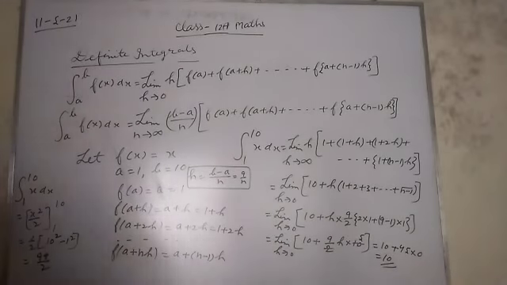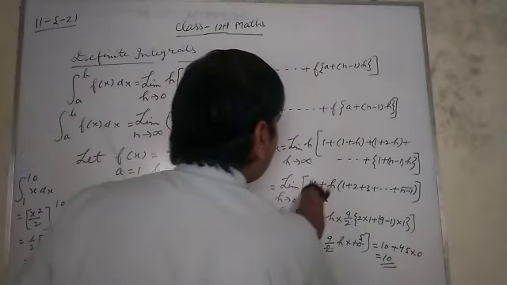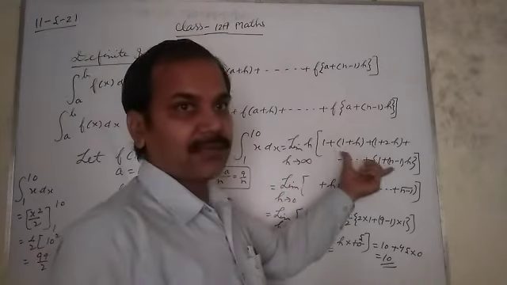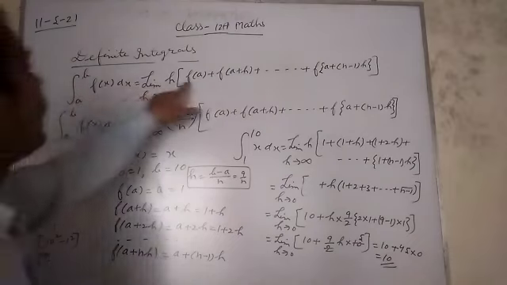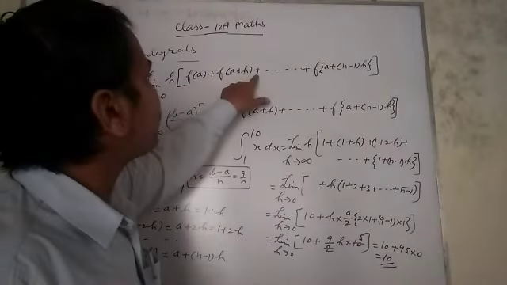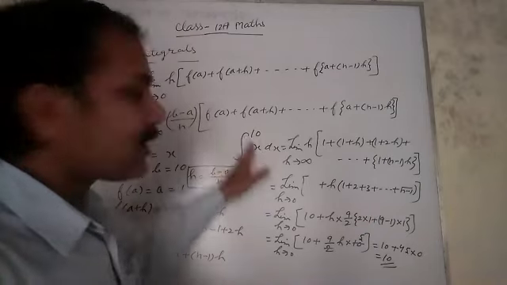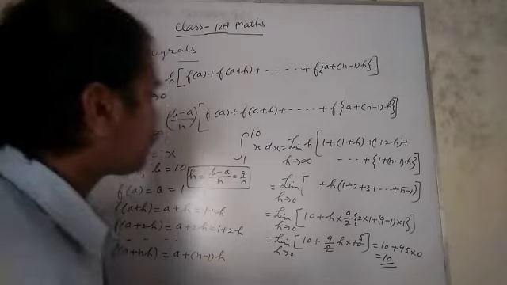Sorry students, here some changes. Actually this is the nth term, not the 10th term, because the formula is f(a) plus f(a plus h) plus dot dot plus f(a plus (n minus 1) into h). This is also divided in n parts, not in 10 parts. So sorry for this.